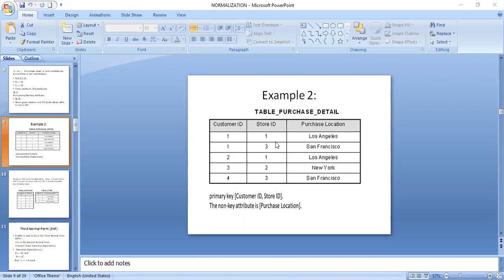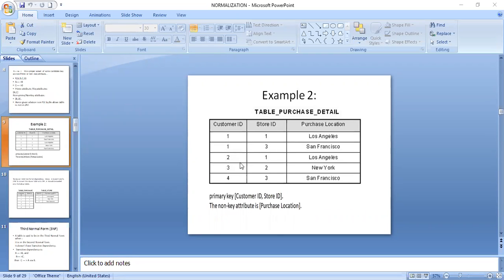Now we want to check whether it is in second normal form or not. For that, what do we want here? We need to know that the table should not have partial dependency. What is partial dependency? X determines A, where X is a proper subset of some candidate key, and A is a non-prime or non-key attribute.